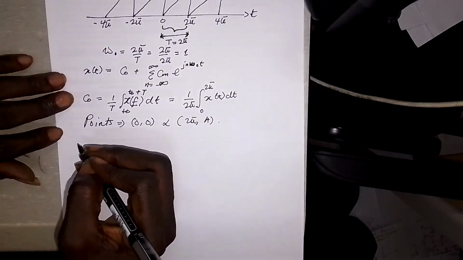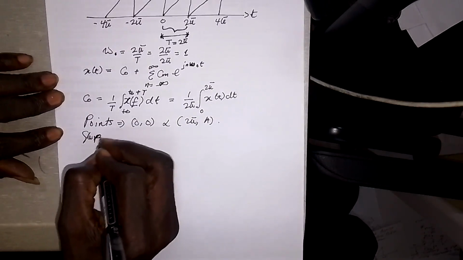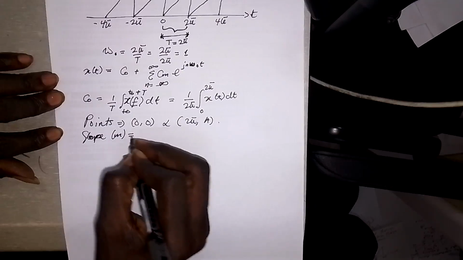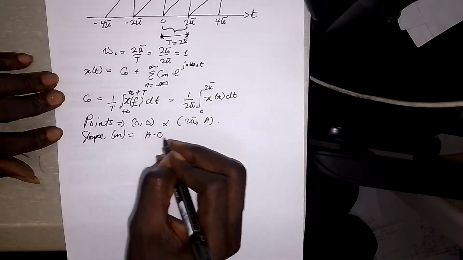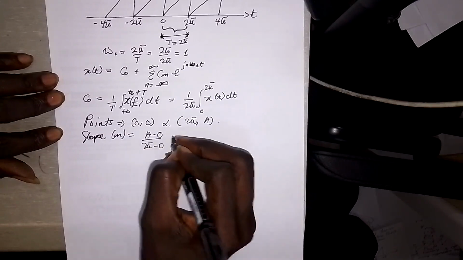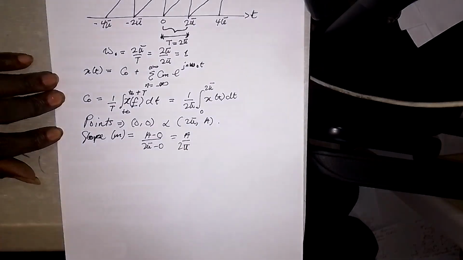So now my slope m is going to be a minus 0 over 2 pi minus 0, which is going to be a on 2 pi.